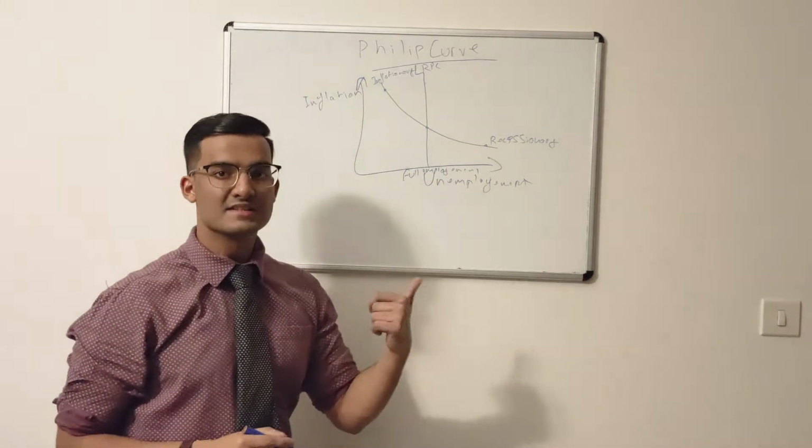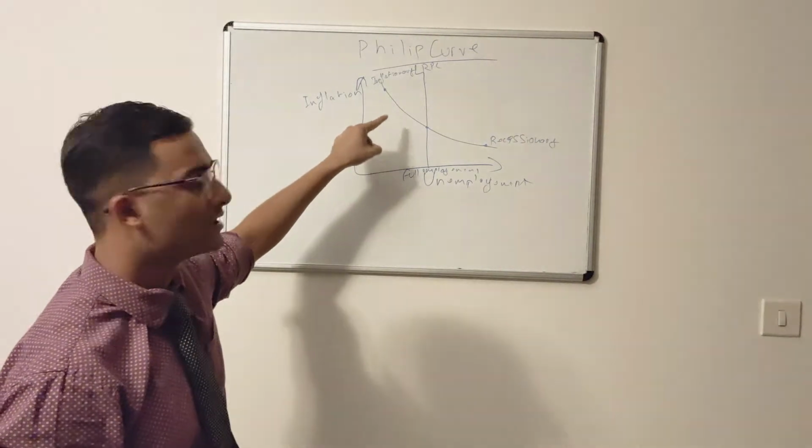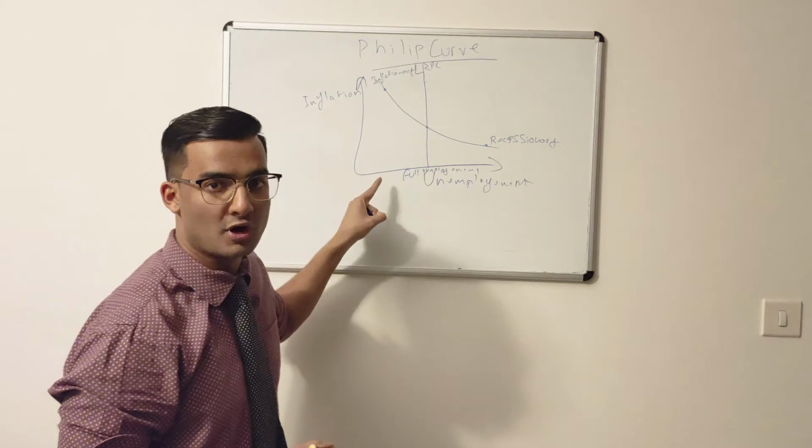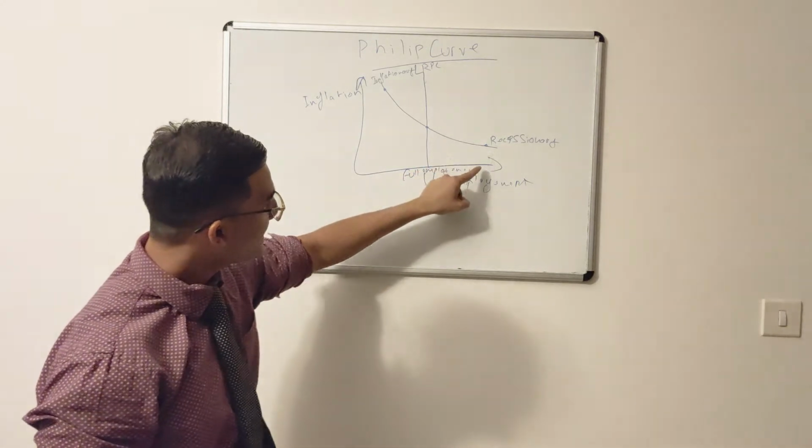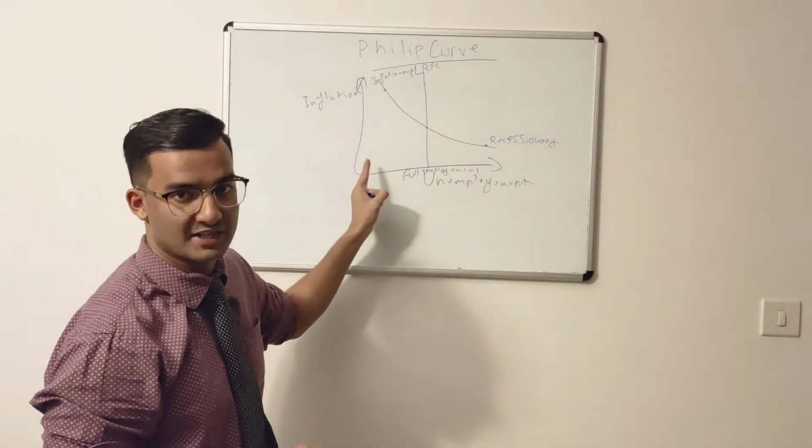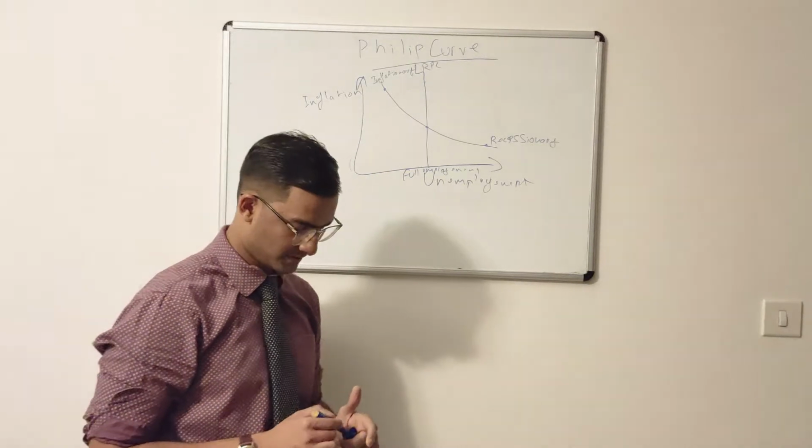So again, as you can see, high inflation contributes to low unemployment, and high unemployment contributes to low inflation. So this is inversely proportional to each other.